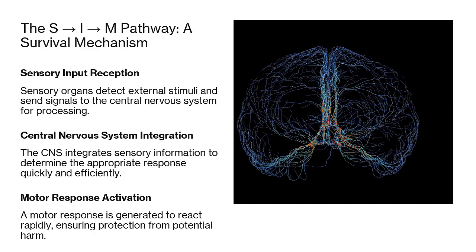The central nervous system pulls that information in, and as quickly as it can, it looks for patterns. It looks to see if this is something we've seen before or something new, and how we need to handle this. But it does it really quickly. And then it sends a signal back out through the motor response activation to carry the information to a destination, ensuring protection from potential harm, ensuring that the body is responding to whatever the stimulus was in an appropriate manner, hopefully.